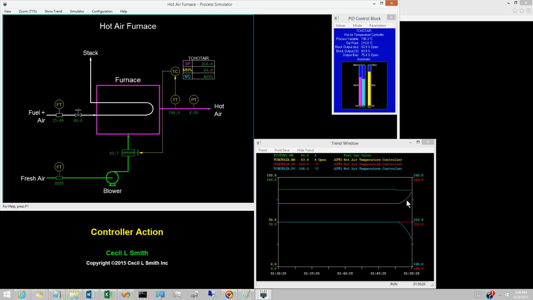The fresh air damper is quickly driven fully open, and the hot air temperature drops rapidly. On reducing the fuel flow, the controller needs to decrease the opening of the fresh air damper. Instead, the incorrect controller action causes it to increase the damper opening.